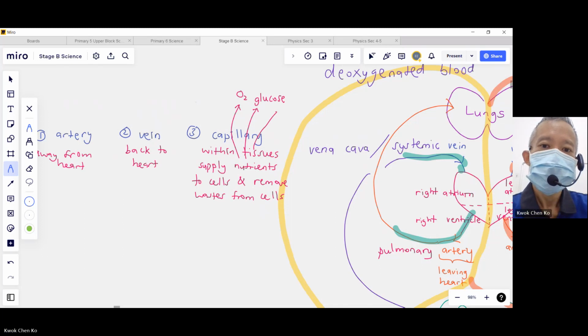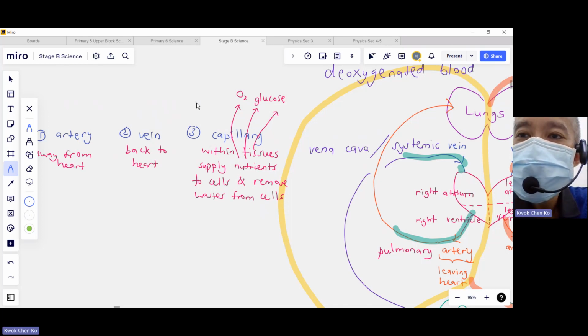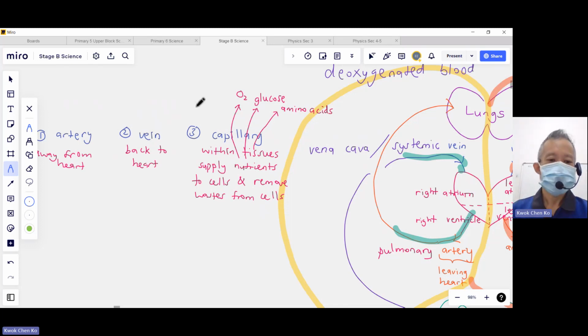What else? What else is inside digested food? When you digest proteins, what do you get? Yeah. Okay, so all this looks familiar, I hope.